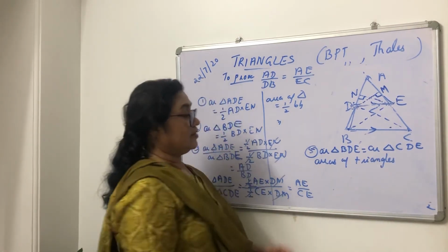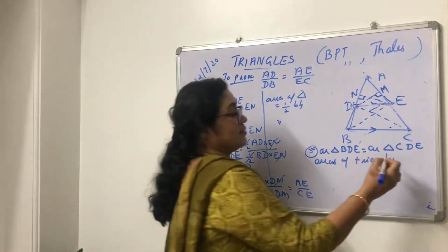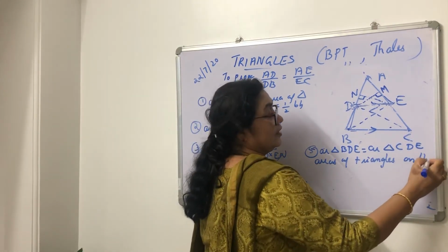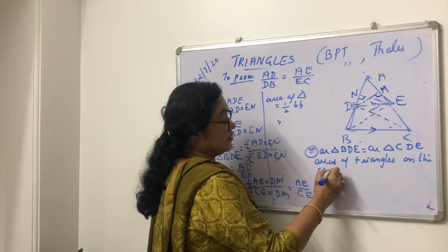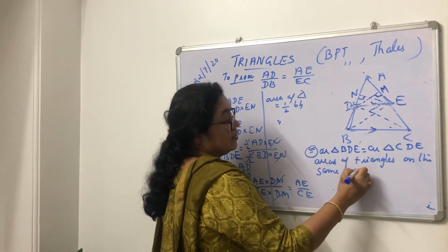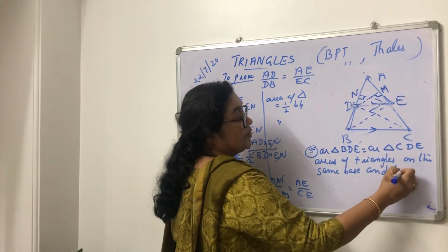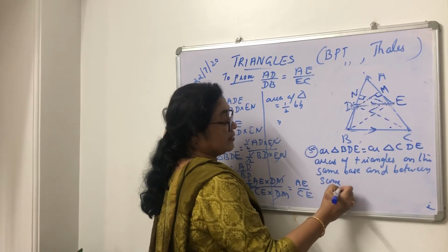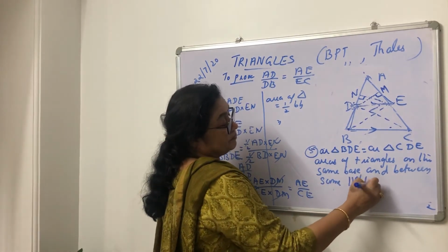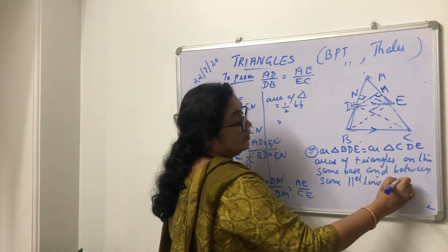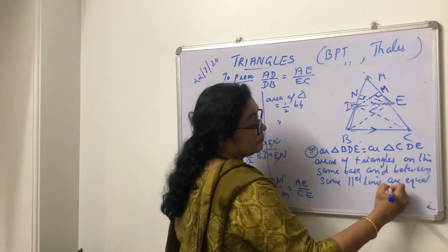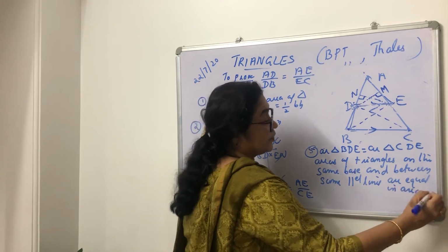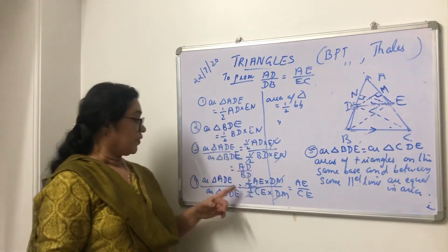Areas of triangles on the same base and between same parallel lines are equal in area. Now compare these two.